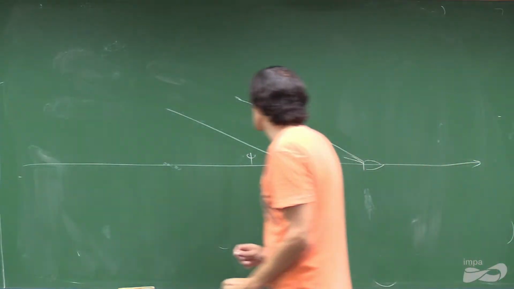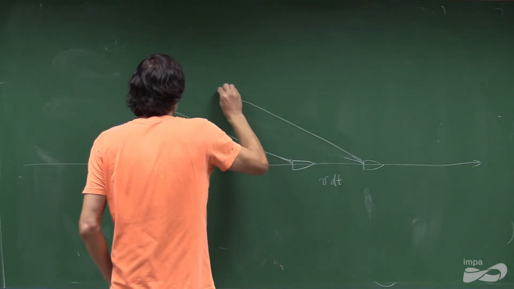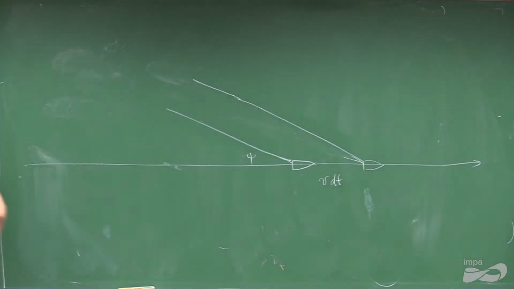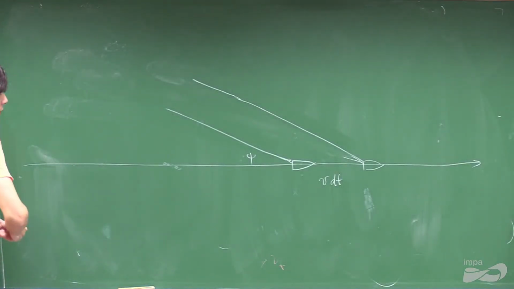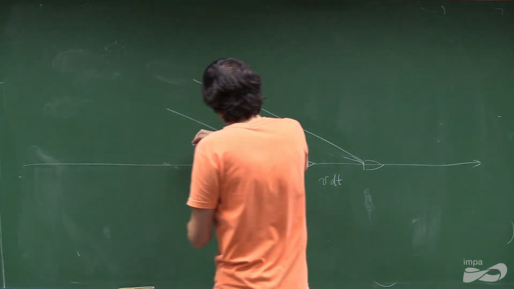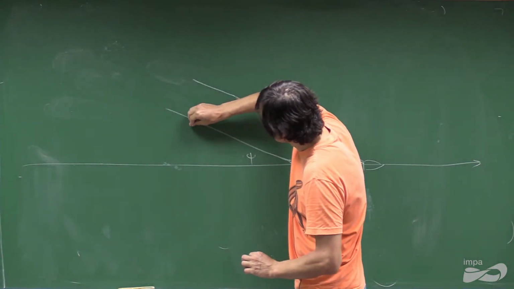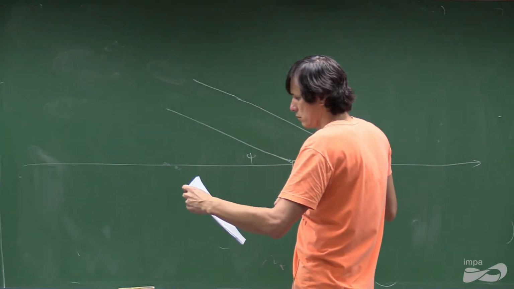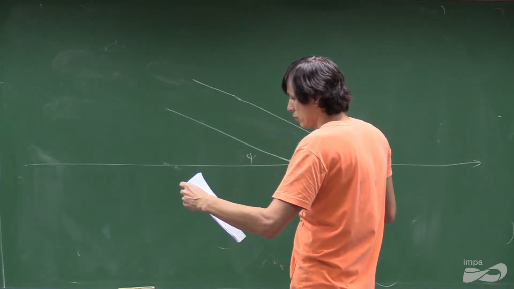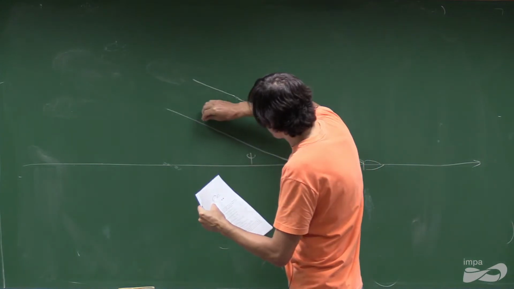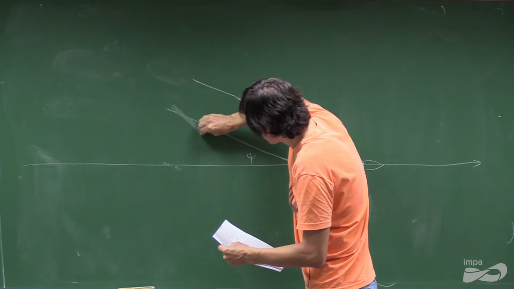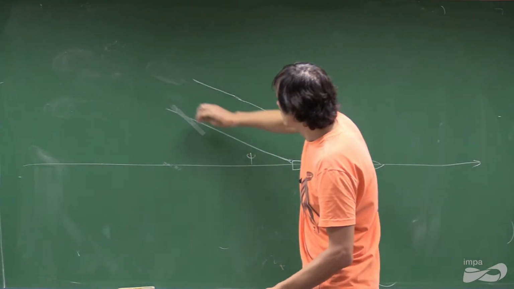Okay, so now let's look at certain specific waves. Let us assume that we have a piece of wave, a wave crest.